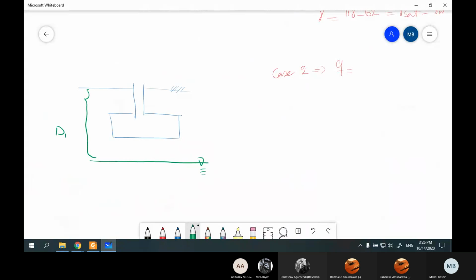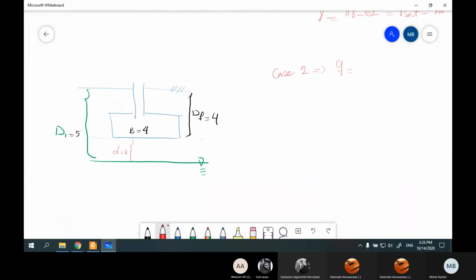Okay, this is B equal to 4, and D1 is equal to 5. So Df is 4, and lowercase d is 1.